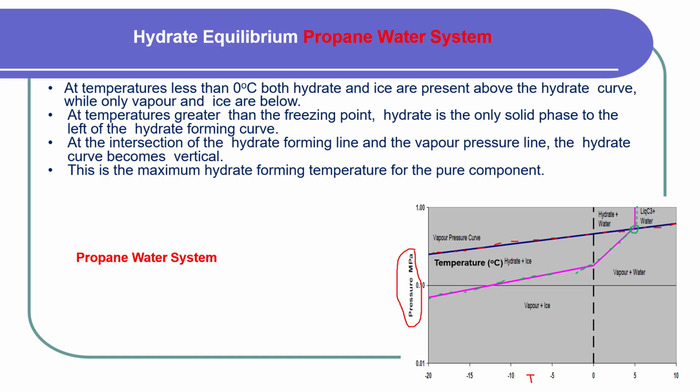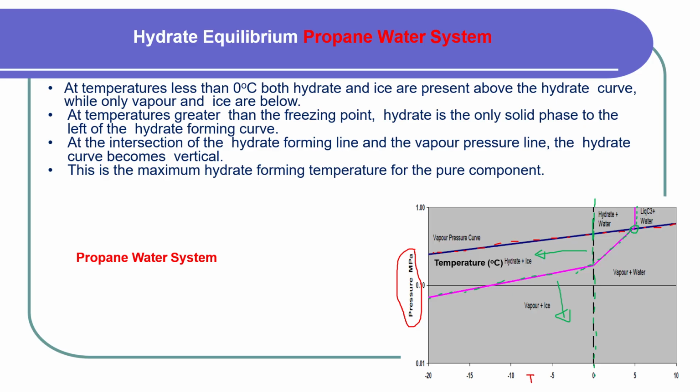So now if you look at the point where temperature equals approximately 0 Celsius, which is this line, and split the curve into regions, you will find that hydrate and ice are present in this region. So in this region you have mainly hydrate and ice, and in this region you have vapor and ice.